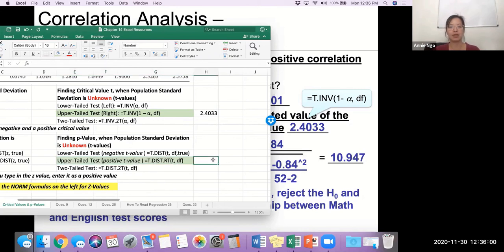So you would type in equals t.dist.rt, RT for right, like the right side, upper tail test. Our t was 10.947, comma, and then what's our degrees of freedom again? 50, yeah, we're going to go ahead and type in 50, close parentheses, and I get 0.000.